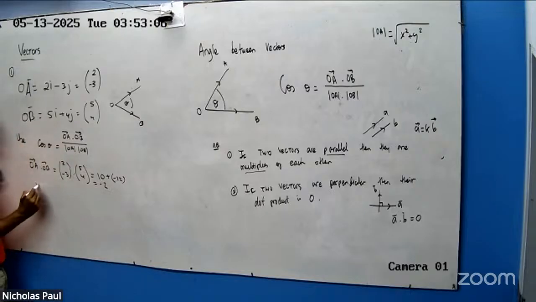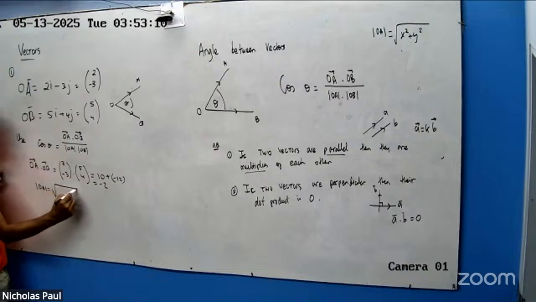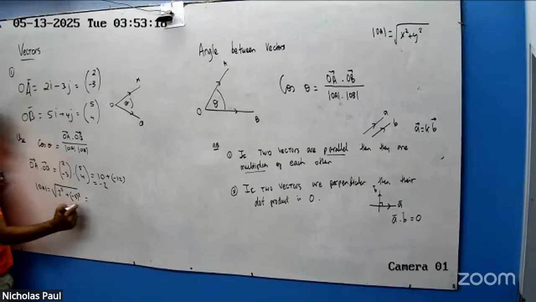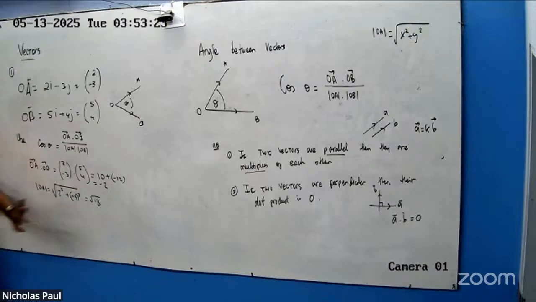Now we need to get the magnitude of OA. Remember, the magnitude is the square root of x squared plus y squared. When you work this out, 4 plus 9 is 13. So you leave your answer like that. Don't work it out. Leave it as root 13. What would OB be?